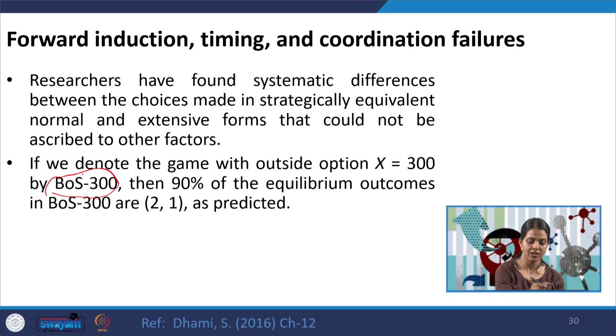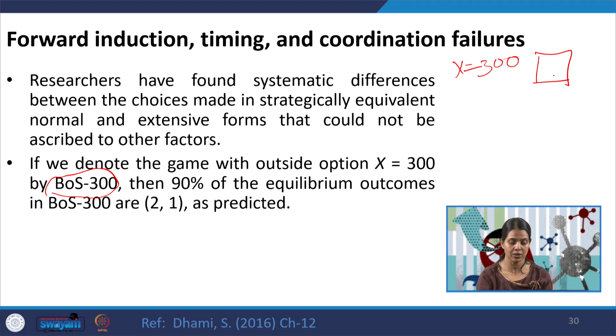So, BOS 300 is the game where the outside option for player 1 was strategy 1, and that gives x equals to 300. And then in strategy 2 he plays the usual BOS game. Then 90% of the equilibrium outcomes in BOS 300 are 2-1 as predicted.